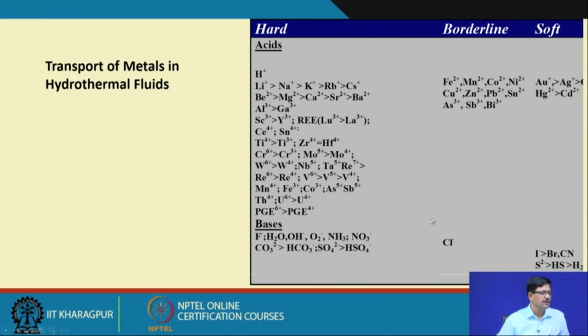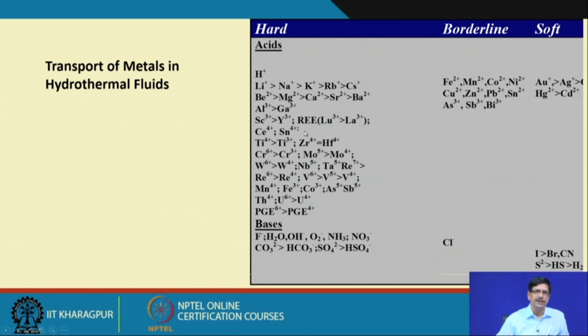And we see the chloride, which is the most soluble species in hydrothermal fluid, occurring in maximum concentration in almost all types of hydrothermal fluids, is coming under a borderline category. And bisulfide, sulfide, H2S, cyanide, bromide kind of anions are coming in the class of soft bases.